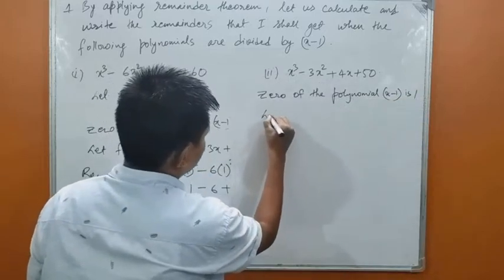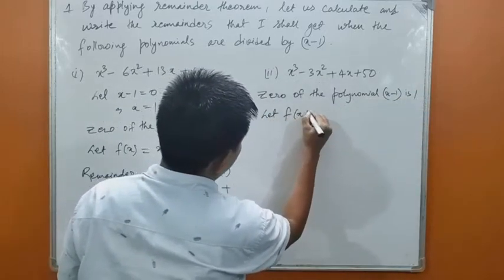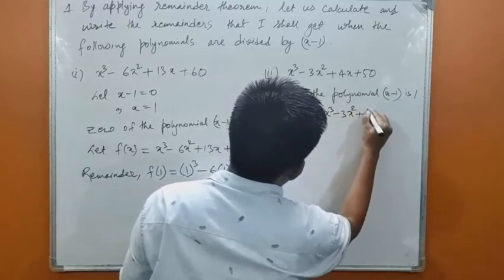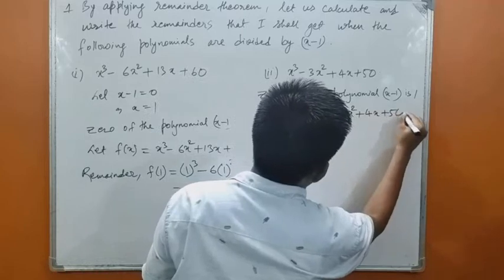So let f(x) equal x cubed minus 3x square plus 4x plus 50, isn't it?